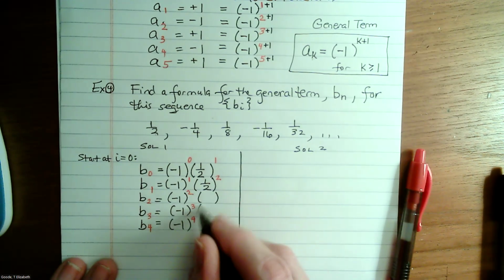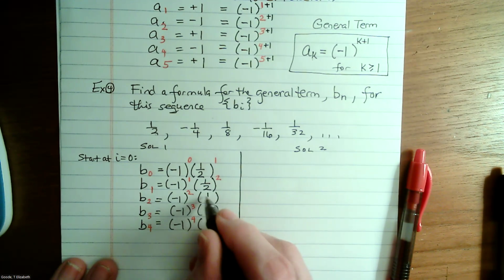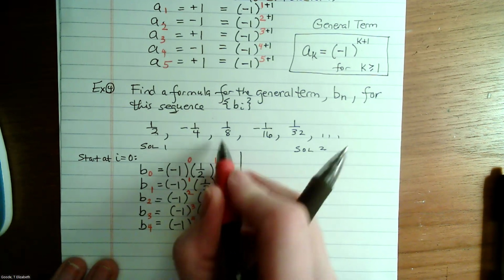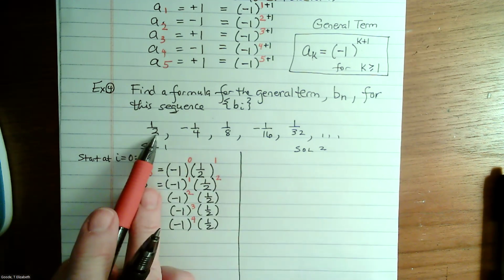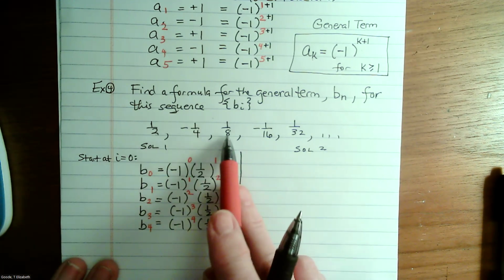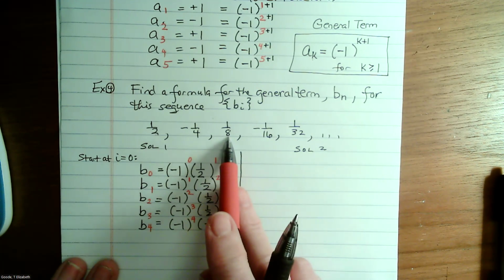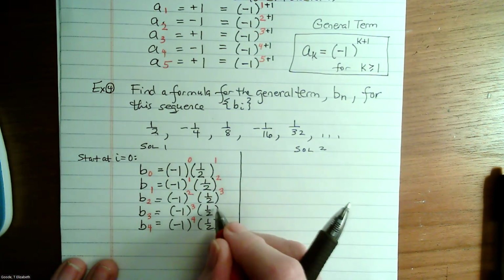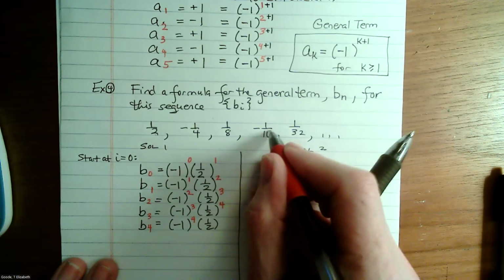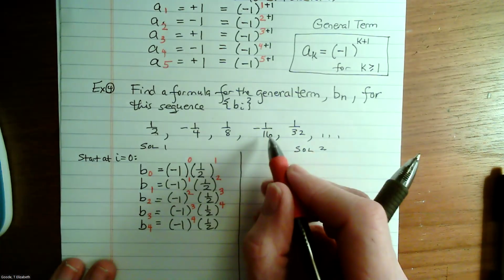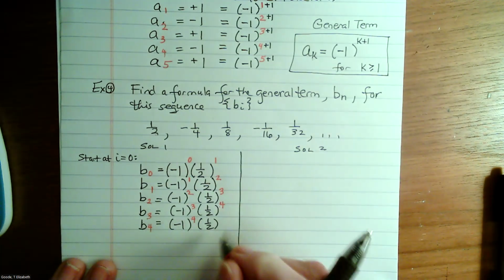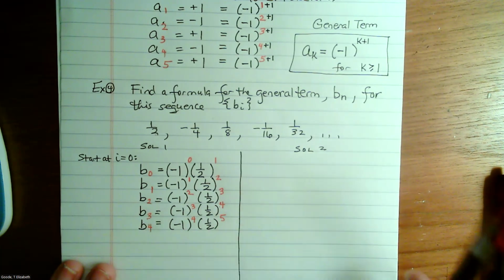But then the power on the 1/2 just needs to be 1 bigger than the indexing number. If this is B0, this is B1, B2 needs to be 1/2 cubed, so that's 1 greater than 2. And 1/16 is 1/2 to the 4th, so the 4 is 1 greater than the 3, and so on and so forth.